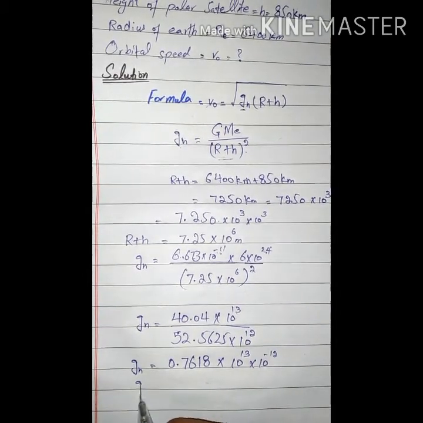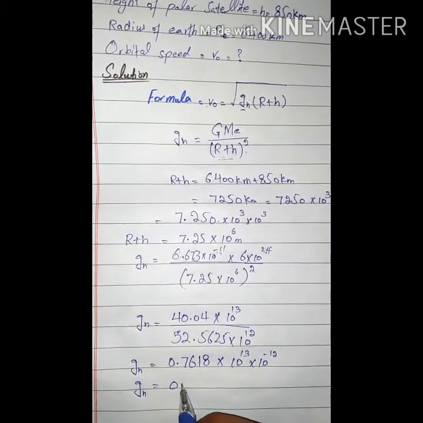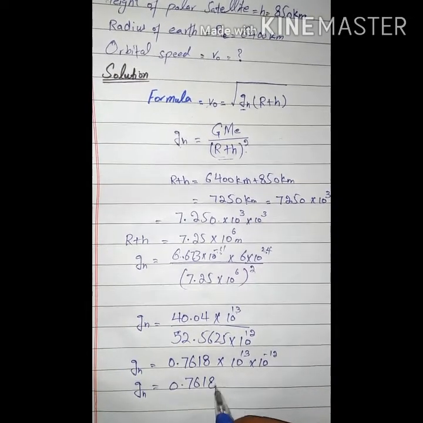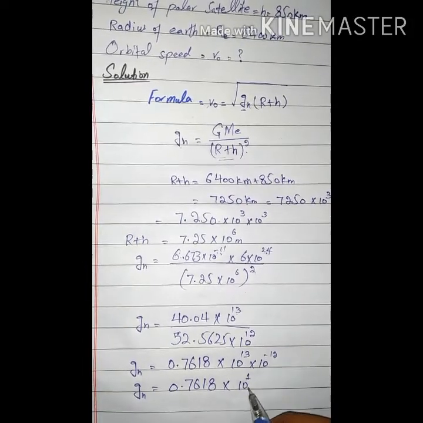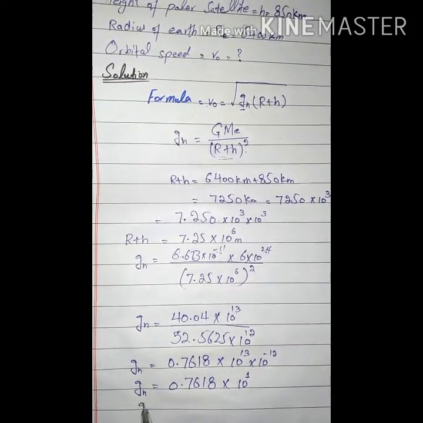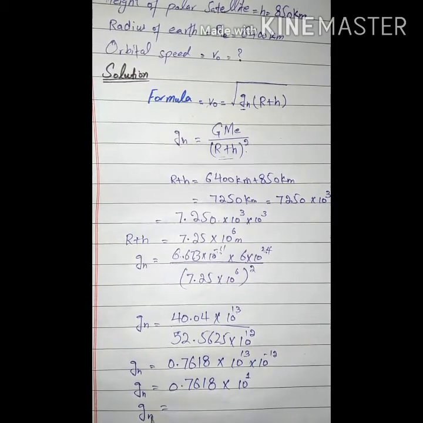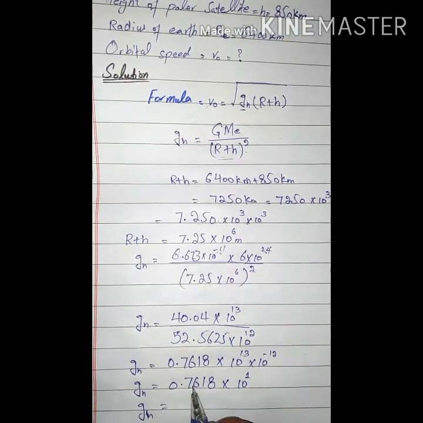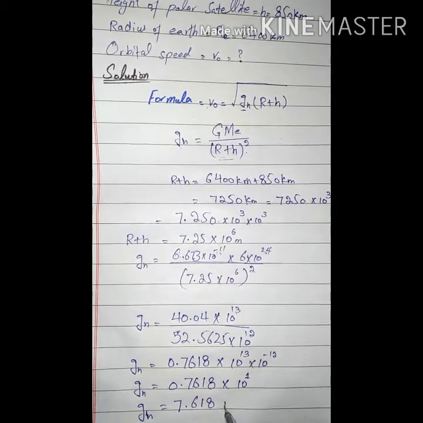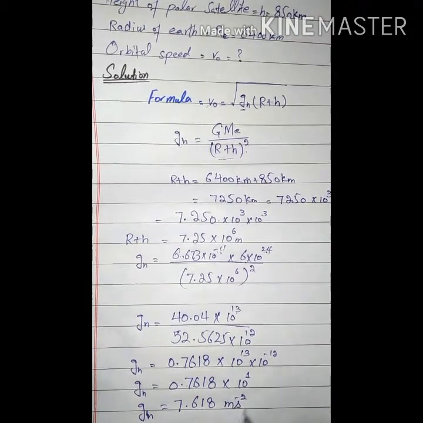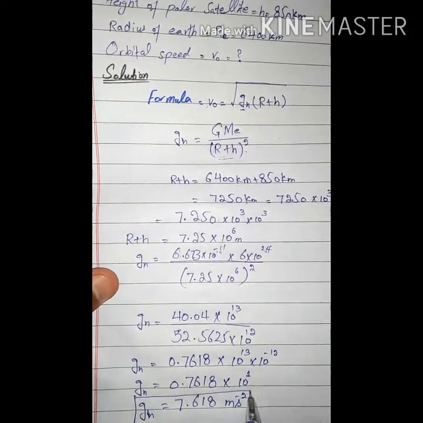So we will get gh equal to 0.7618 multiplied by 10 to the power 1. So it can be reduced in the form of negative 1, that means the decimal point moves, and we will get 7.618 meters per second. That is the value of gh.